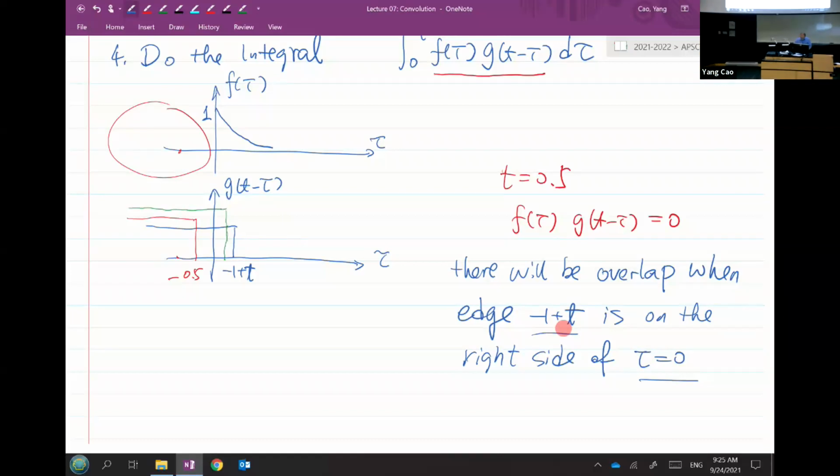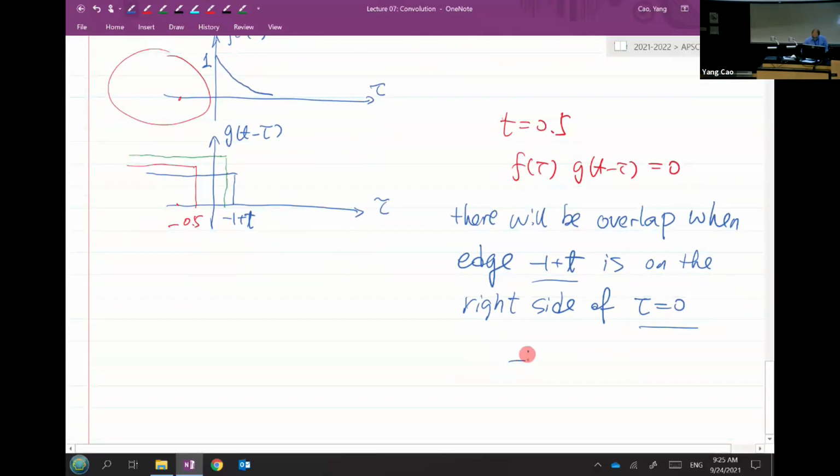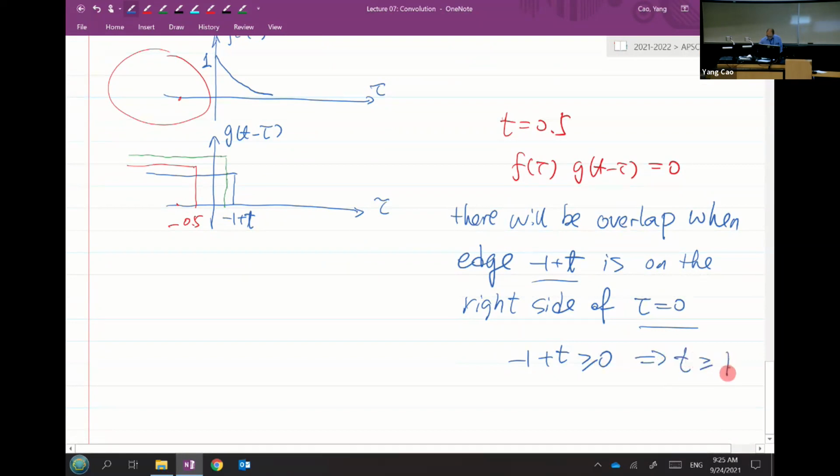Based on what I'm writing here, -1 plus t has to be greater than 0, and that gives me t is greater than 1. So if you have a t that is larger than 1, then this step graph will have a certain portion on the right side of the vertical axis.